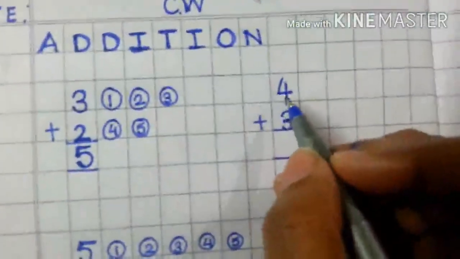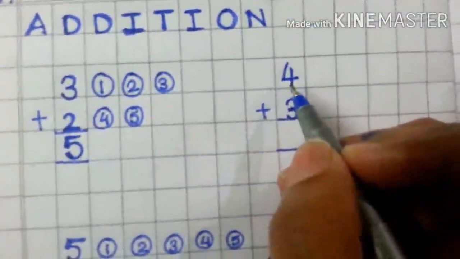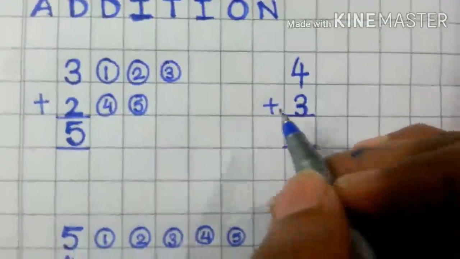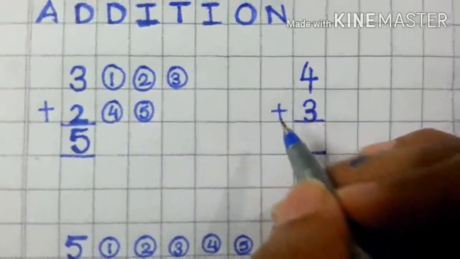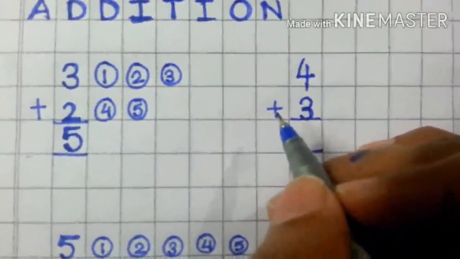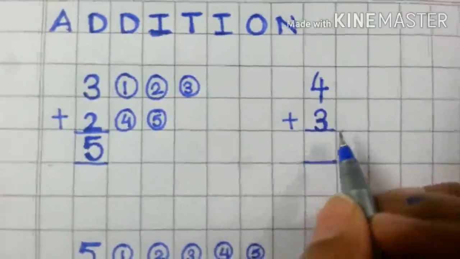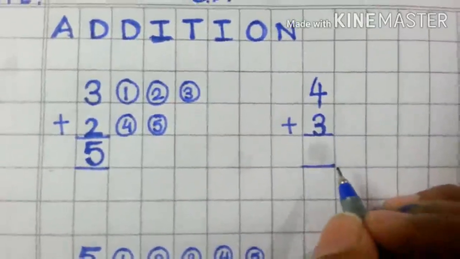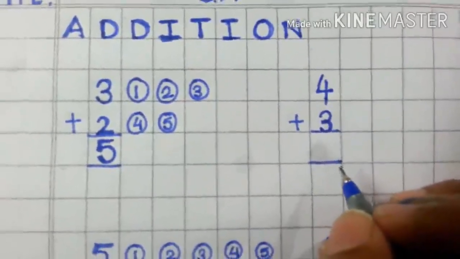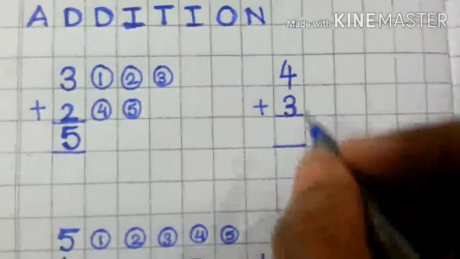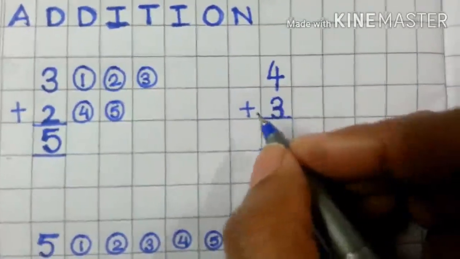Now come to next problem. Write number 4 here. Then below 4 write number 3. Then draw the sign of addition. Now draw top and bottom lines. Now we will solve 4 plus 3.